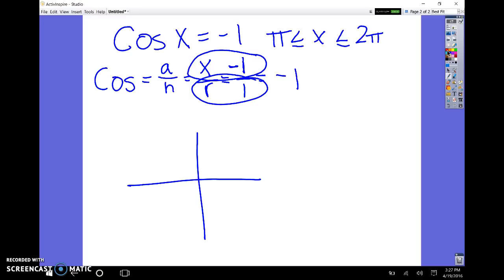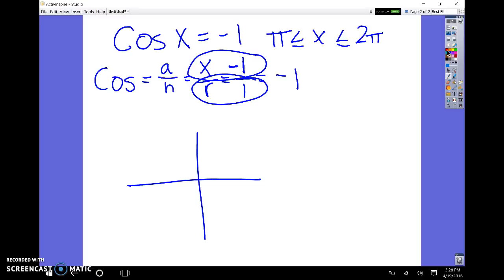Where does it go? Well, the first hint should be that our side x and our hypotenuse r have the same length. Now, even though one of them's negative, in terms of distance, length is always measured as the absolute value. So they have the same length of sides.